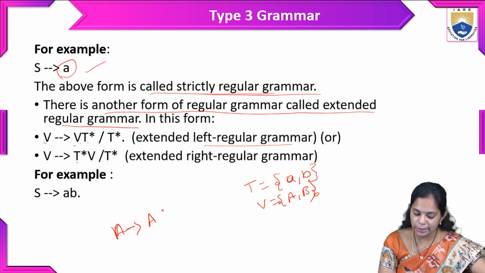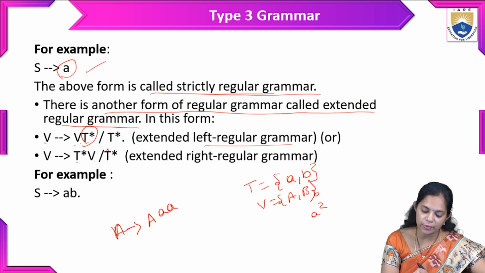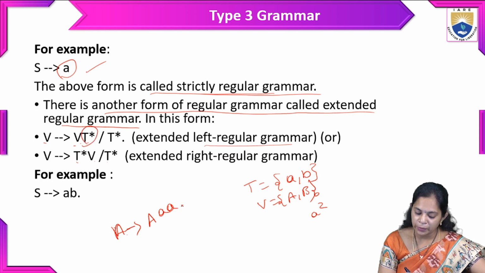first epsilon, and if you take a star, that is a. So this is nothing but a power 2. So this T star we take as aa only, and again we write it as aaa.